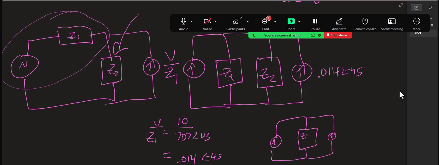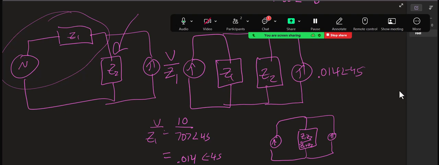I'd have Z1 Z2 over Z1 plus Z2 and find the voltage across that. Why is that okay? It's the same voltage. They're all in parallel, so it has to be the same.